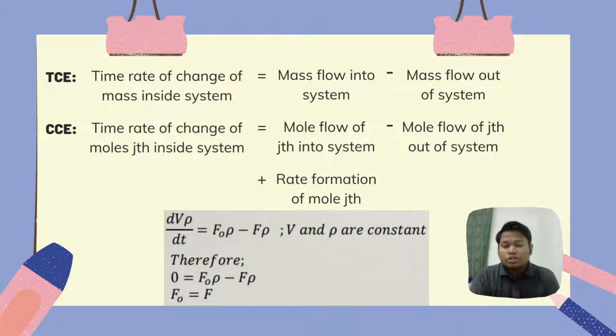To solve this question, as per usual, let us start with writing our general equations of TCE and also CCE. For our TCE, since the volume is constant, we can make dV over dt equal to 0. And for constant density, we can take the density out of the left-hand side of the equation and cancel it with the density on the right-hand side by dividing.